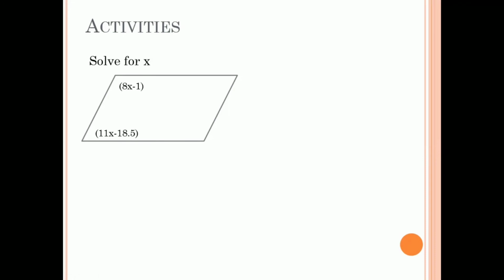Since the consecutive angles are supplementary, we add the angles 8x minus 1 and 11x minus 18.5 and equate it to 180. Why is it equal to 180? Because supplementary angles are a pair of angles whose sum is 180.